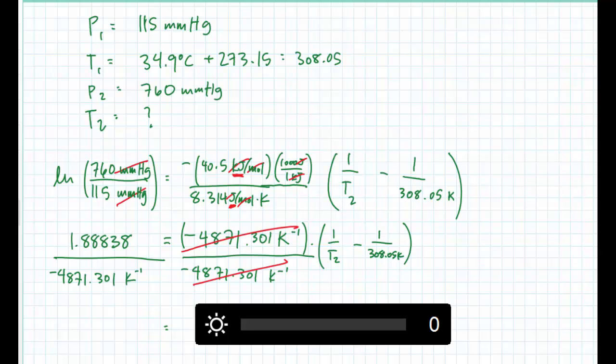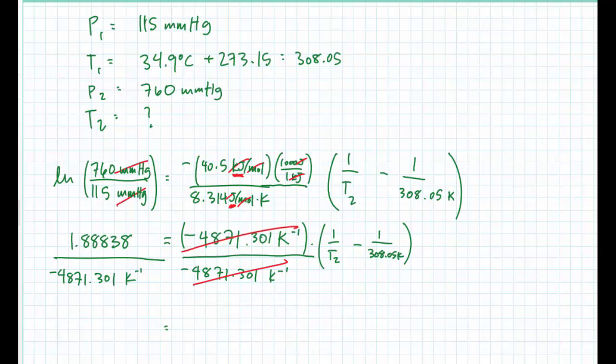Okay, that's the right order of magnitude. Get the 1.88 divided by 4871. .386, yep, equals .386, yep.